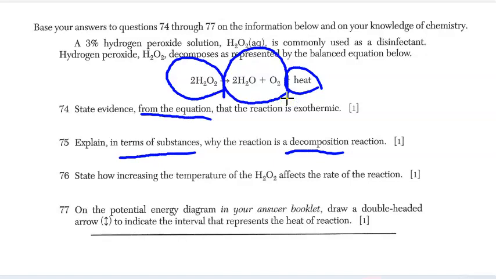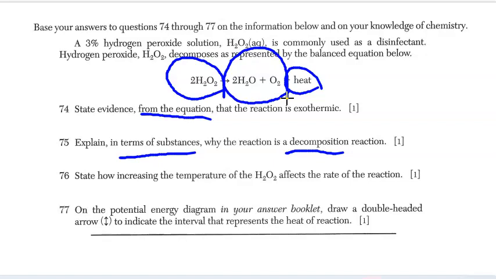Again, make sure it says in terms of substances. Don't forget that. If you want to specifically say, hey, hydrogen peroxide is breaking down into water and oxygen, go for it. If you want to keep it more generic, as I just said, you could do it that way as well. All right, 76, state how increasing the temperature of the hydrogen peroxide affects the rate of reaction.